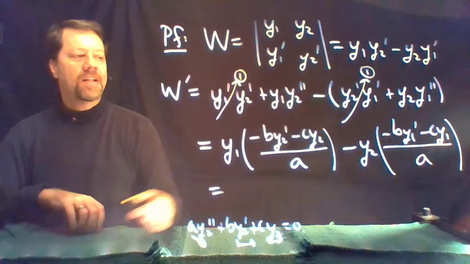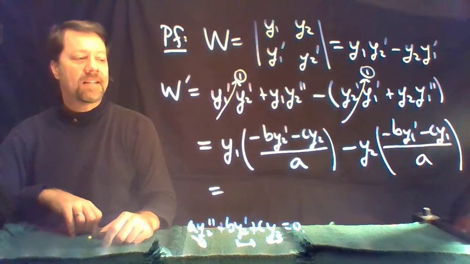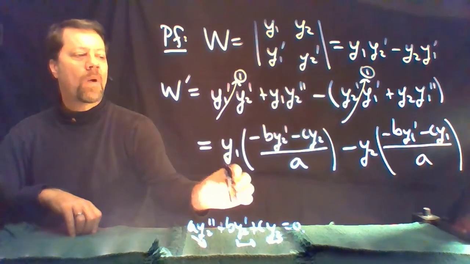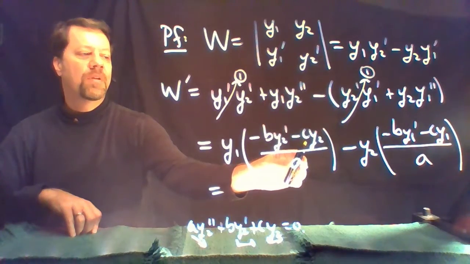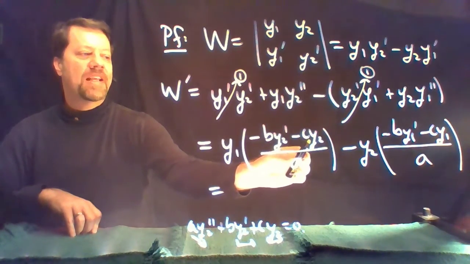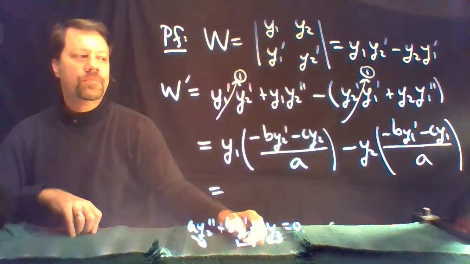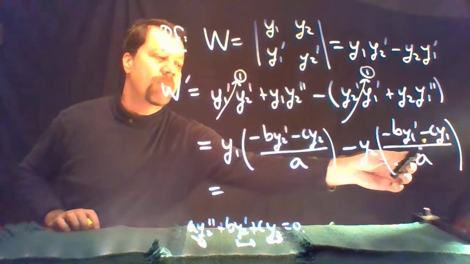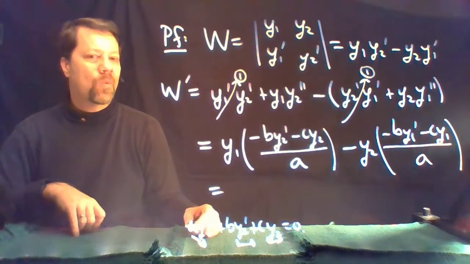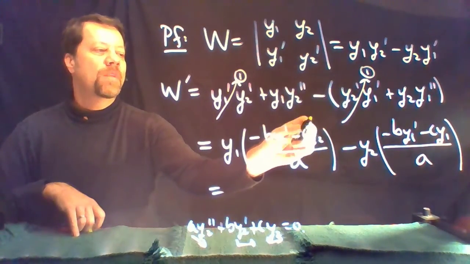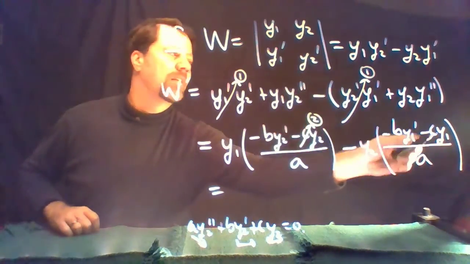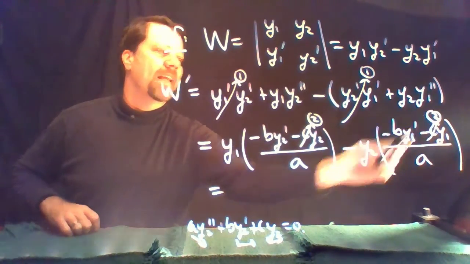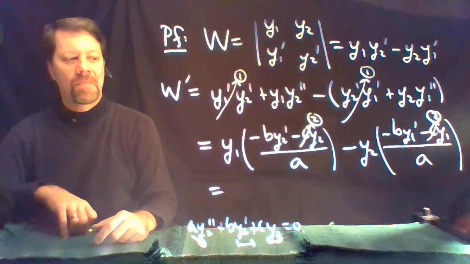We have a common denominator of a, but we do get some cancellation. When we distribute y1 over here to the second term, we get negative c y1 y2. When we distribute negative y2 here to the second term, we'll get positive c y1 y2, which means that these exactly cancel against each other.